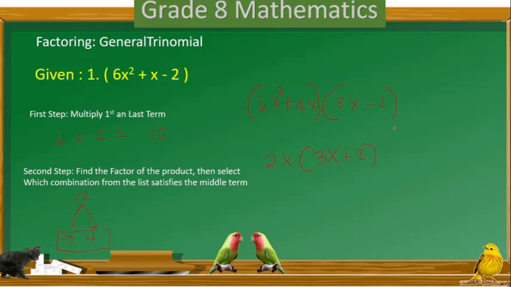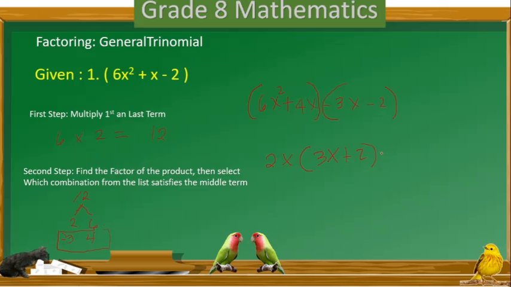Then this one is negative, so the factor of this one should be equal to this one. What number is used as divisor for this in order for the quotient to equal this one? I repeat, what number should be divided to this quantity so that the quotient will equal this one?